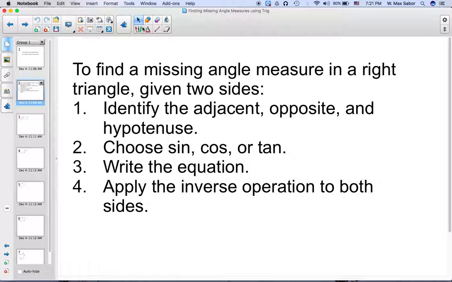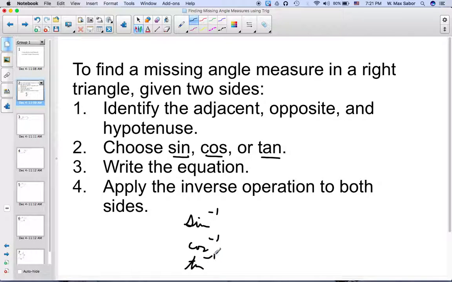When I say inverse operation, I'm talking about sine, cosine, and tangent being functions. So we can apply inverse sine, inverse cosine, or inverse tangent to both sides, and that will undo the function. You can't divide by sine. You have to use inverse sine.